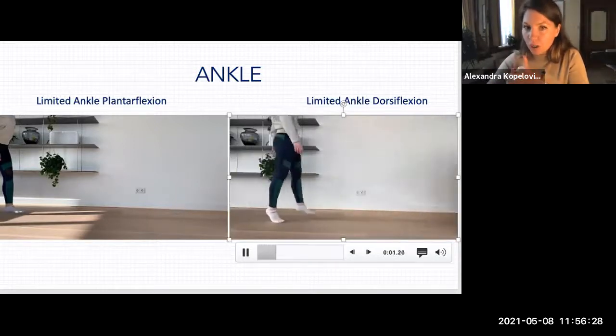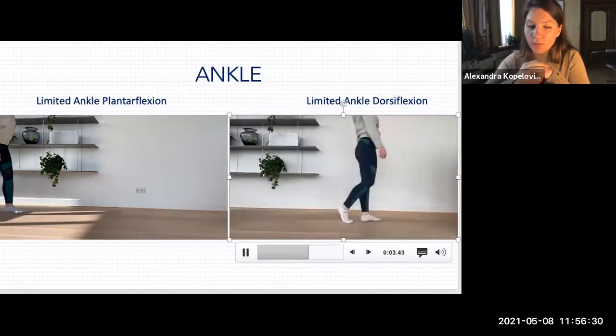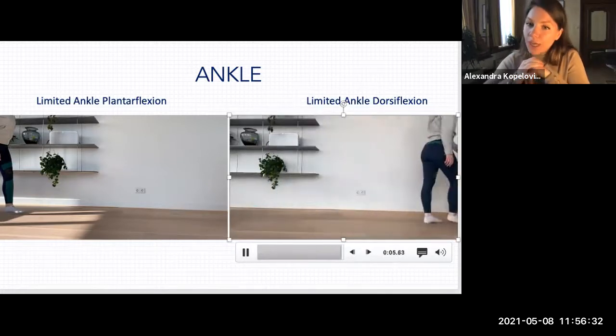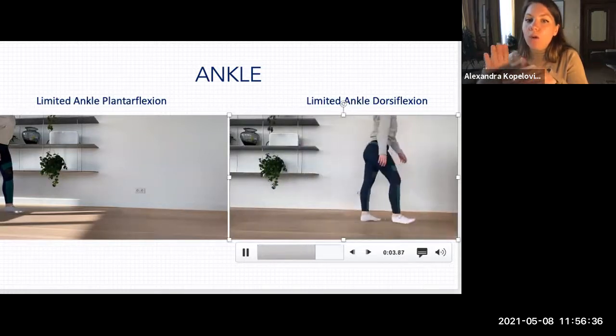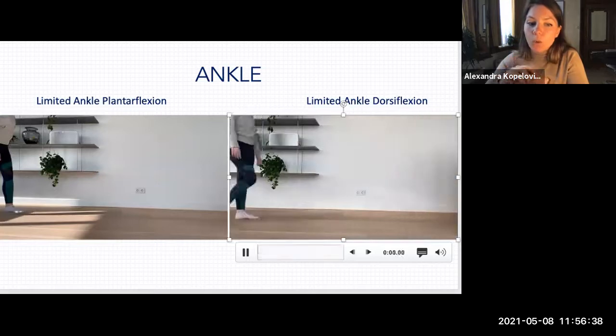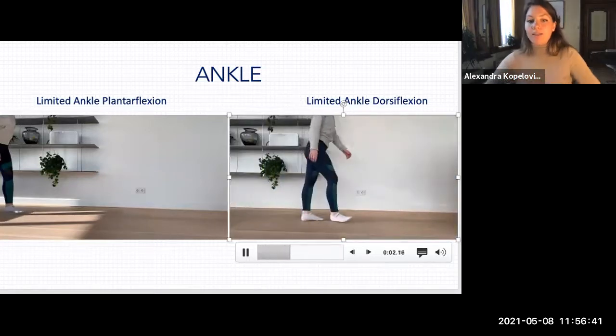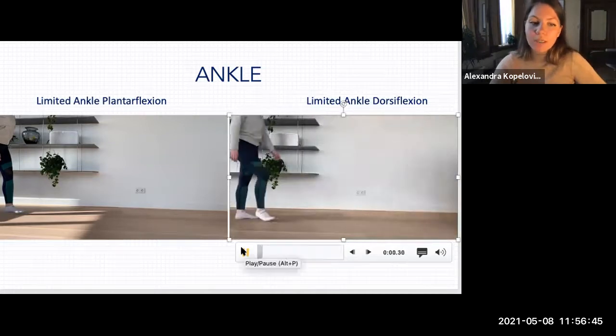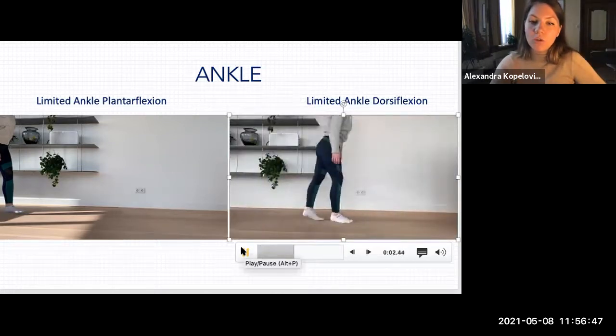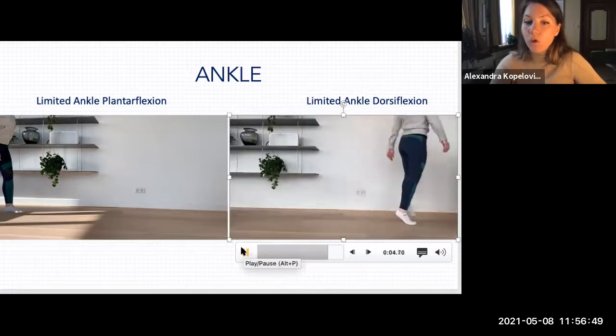Another compensatory strategy for limited ankle dorsiflexion would be pronating at the midfoot. When you're pronating, once again, you're able to create that quote unquote dorsiflexion and get away with that. But in the long term, we know that all these compensations will lead to muscular pain or joint degeneration.